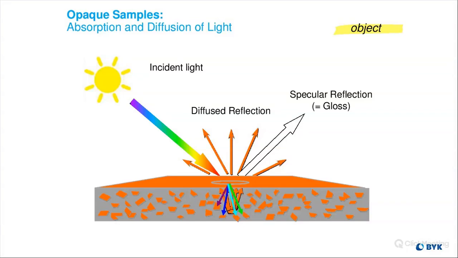What you're really trying to find is the angle at which you get the most reflection for the surface that you have. That is typically the best angle to use for that sample. So a rule of thumb is 20 degrees is the best for high gloss surfaces, 60 is the best for semi-gloss surfaces, and 85 is the best for matte surfaces.